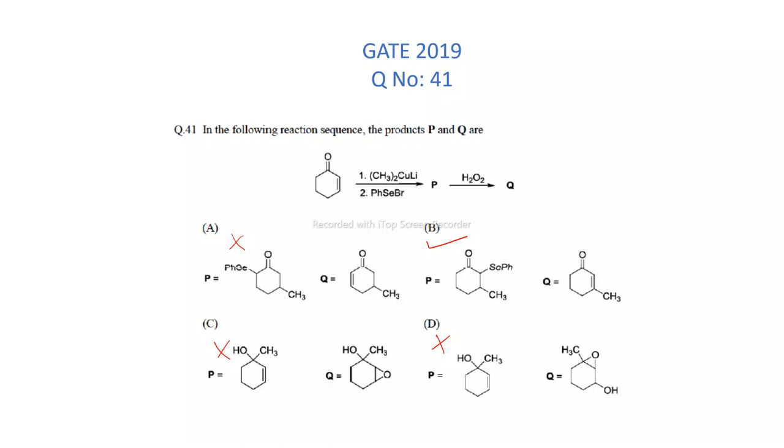Okay, tell me, if we use CH3MgBr, what addition will happen? 1,2 or 1,4? Is this hard or soft?